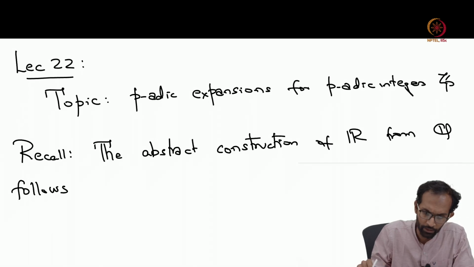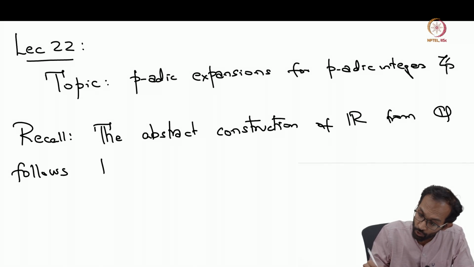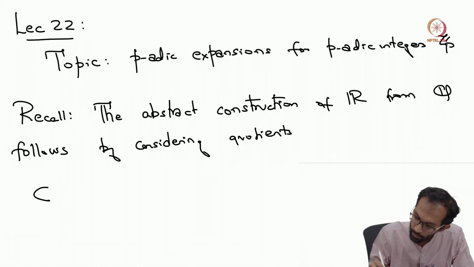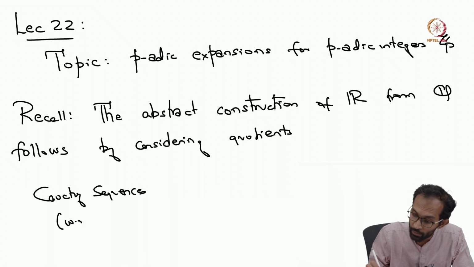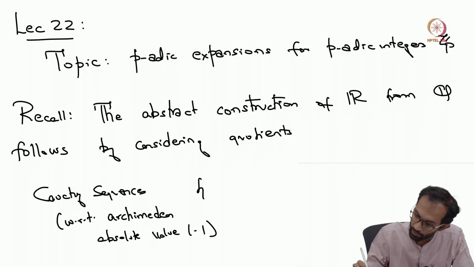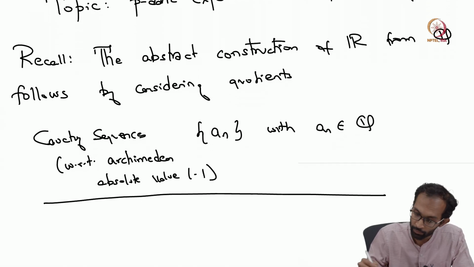Again, we just consider quotients of Cauchy sequences, where the Cauchy sequences are with respect to the Archimedean absolute value, a_n, where these a_n belong to the rational numbers, and then you mod out by all the null sequences.